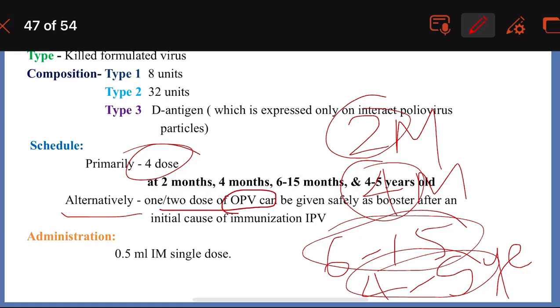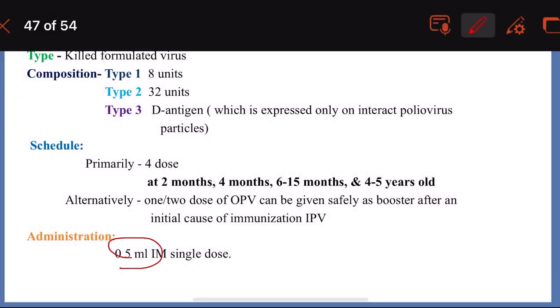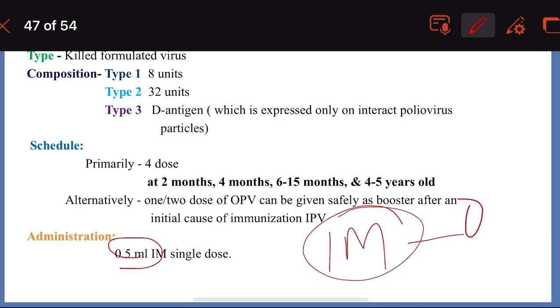Alternatively, 1 or 2 doses of OPV can be given safely as a booster after the initial course of IPV immunization. The administration is 0.5 ml IM, given intramuscularly as a single dose.